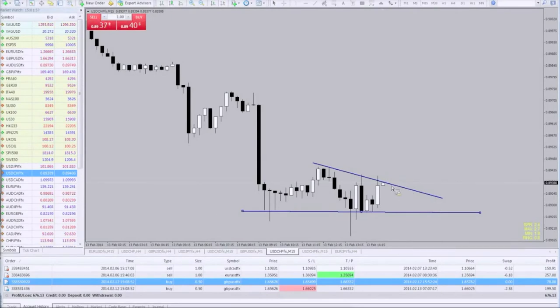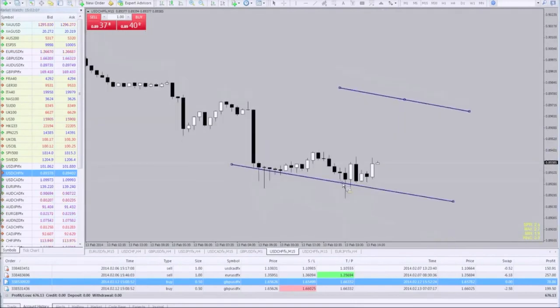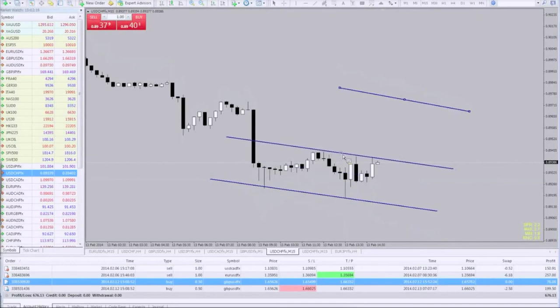Someone else said they saw a channel, and I want to draw the channel. In order to get a channel, you want to catch that first triangle. Let me squeeze this down a little bit. So here we have a triangle. You see that? I duplicate this to the top of the triangle. Now this thing could bounce around in here for a while. Do you see the triangular moves?